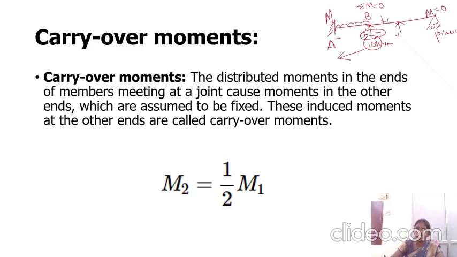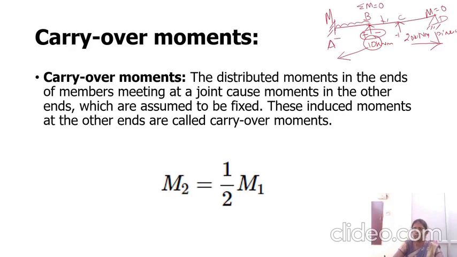If you consider support C, if you are having 20 kilonewton meter of unbalanced moment, you can't carry over this moment to the nearest pin support, because at the pin support the moment should be equal to 0. So no need to carry over the moment from C to D, where the support D is the pin support, because in support D there should not be any moment.